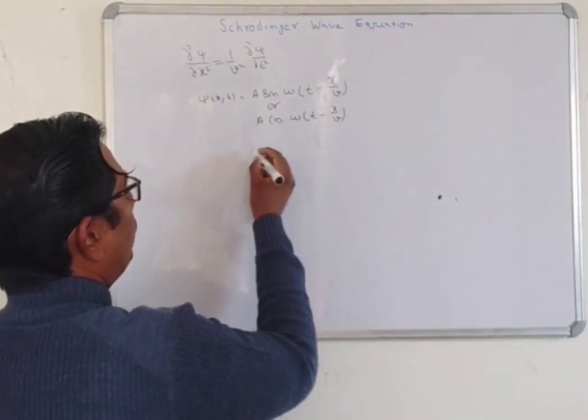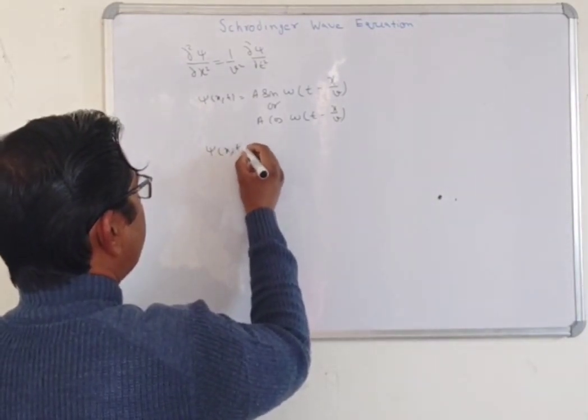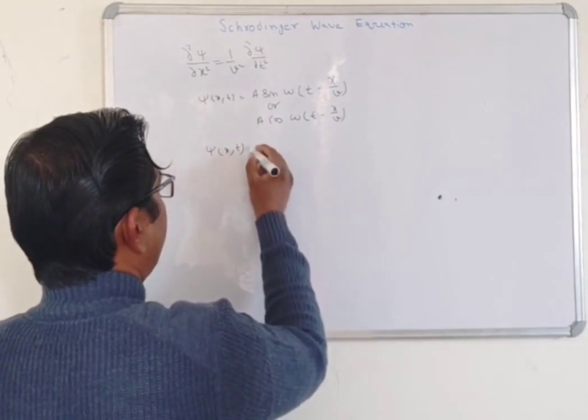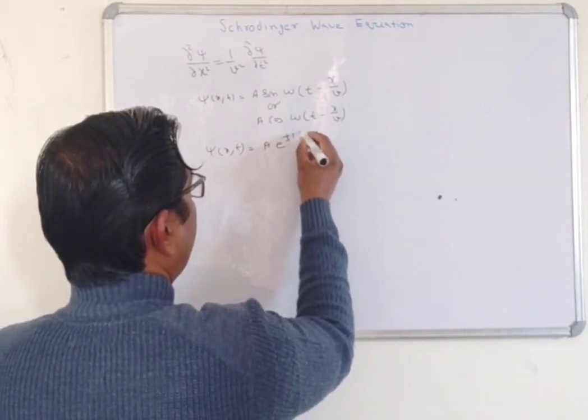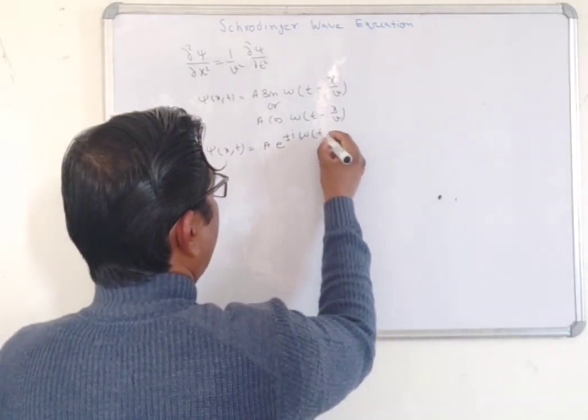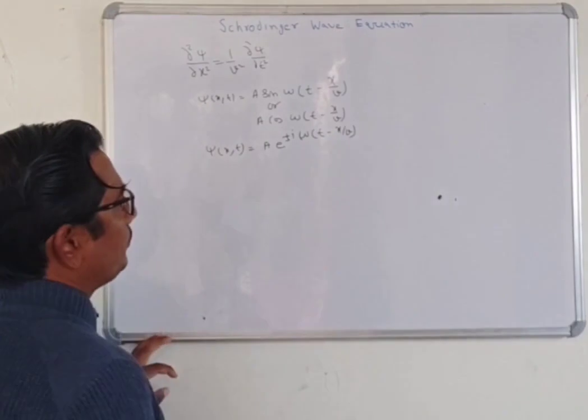Now we can write this wave function like that: A e to the power plus or minus i omega t minus x by v.